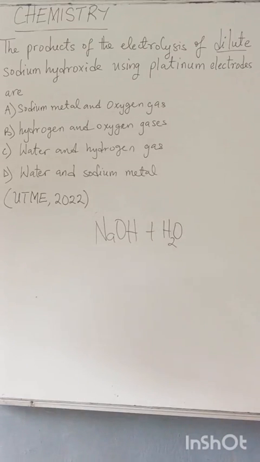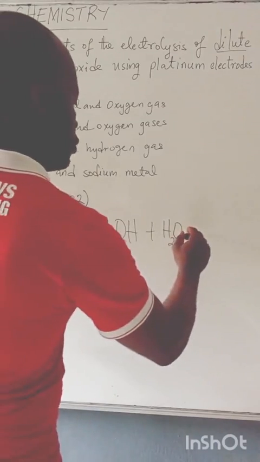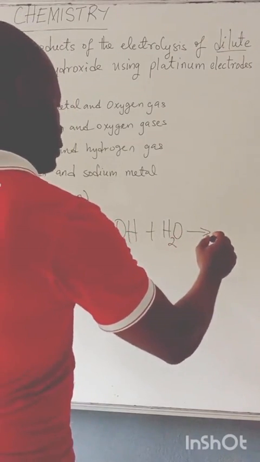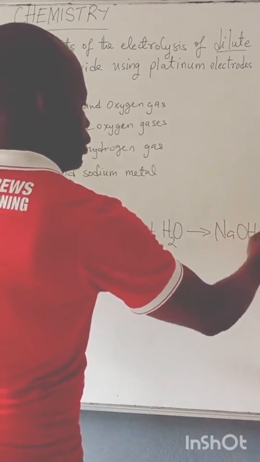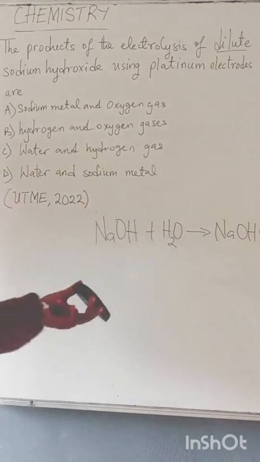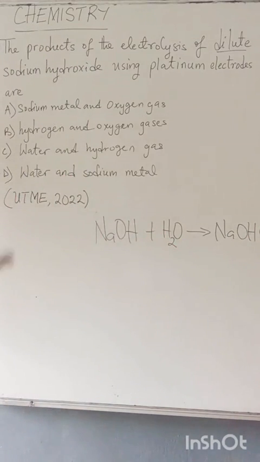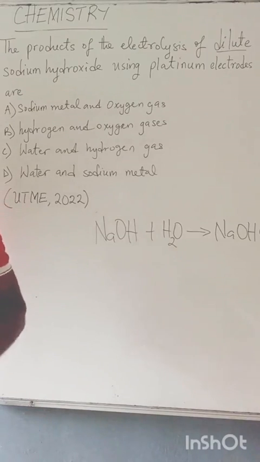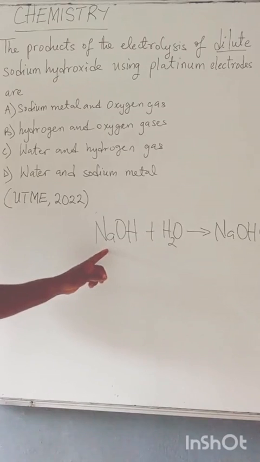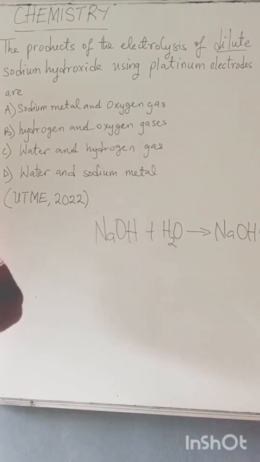Is that clear? So when I prepare a solution of sodium hydroxide, NaOH, in aqueous form, the adjective dilute is explaining that the solution has more water and a little of the NaOH.